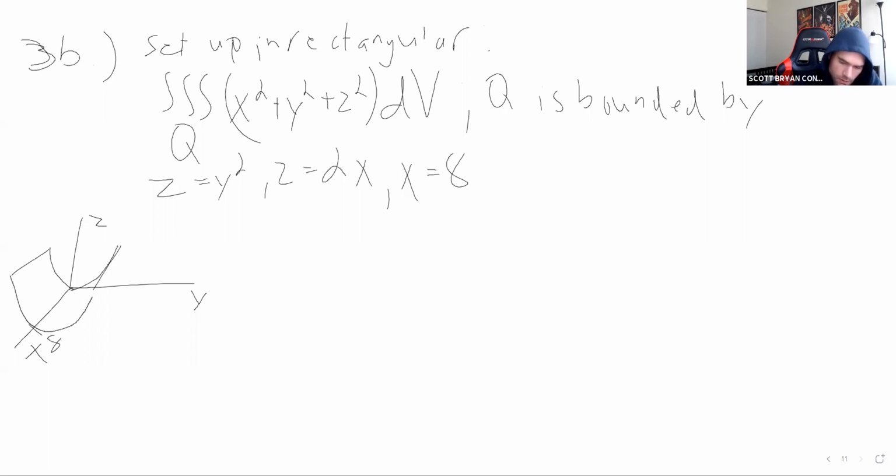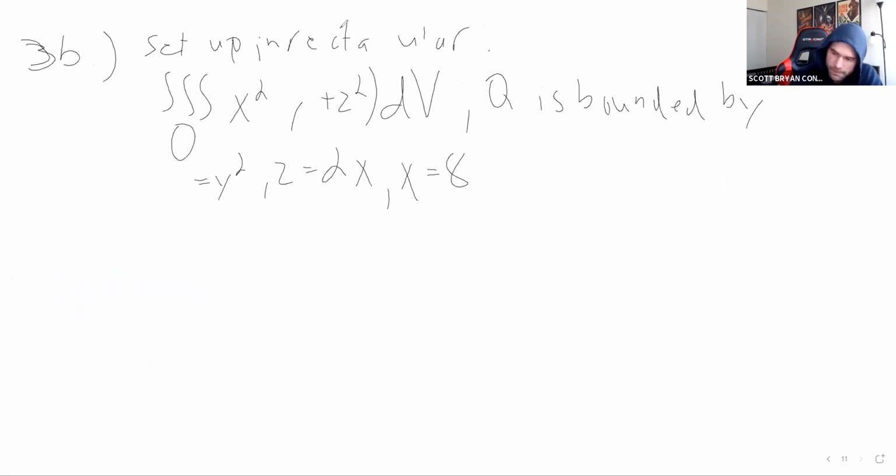Okay, so here's our cylinder. We're also going to have a plane on top of that, z equals 2x, and that is going to go through the origin. It's going to look something like this.